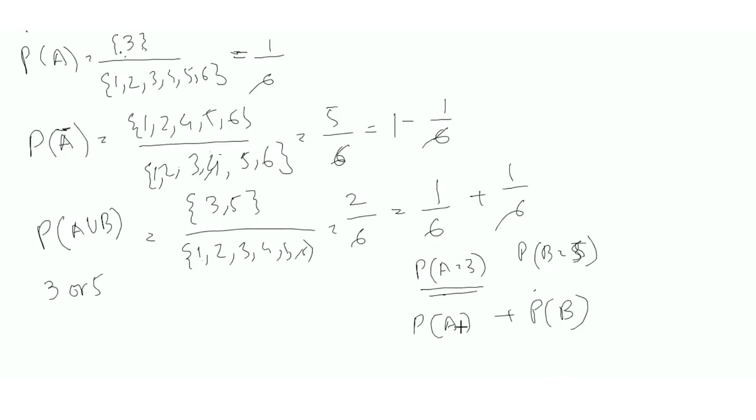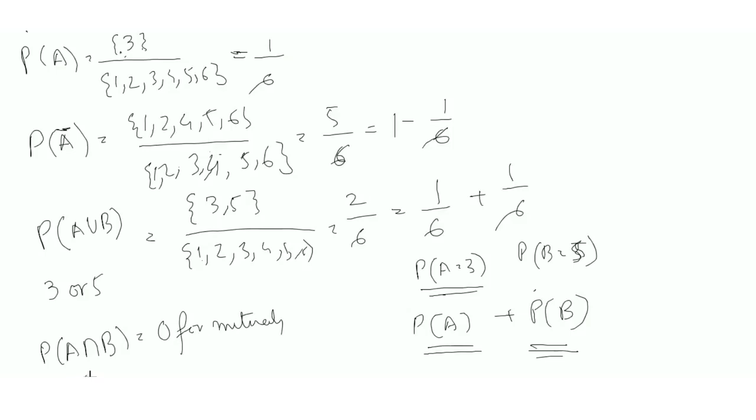These are the two events, and we can see that this holds because these two events are mutually exclusive. Mutually exclusive means that the probability of A intersection B is 0.